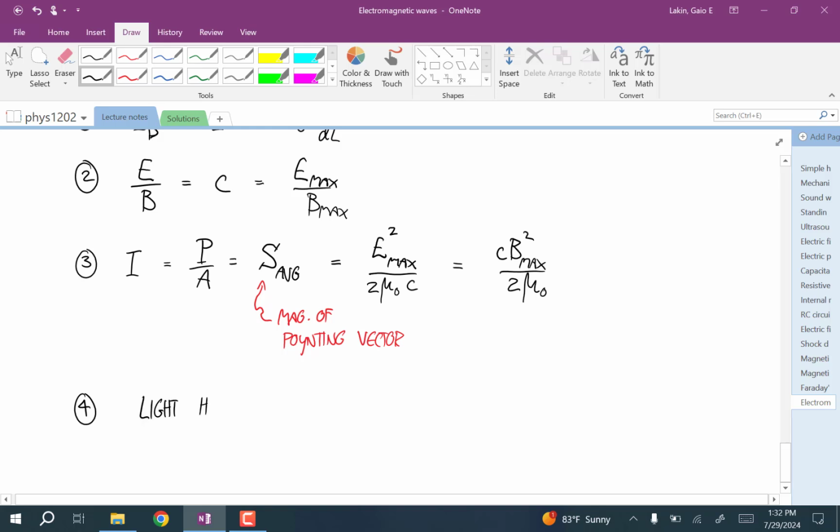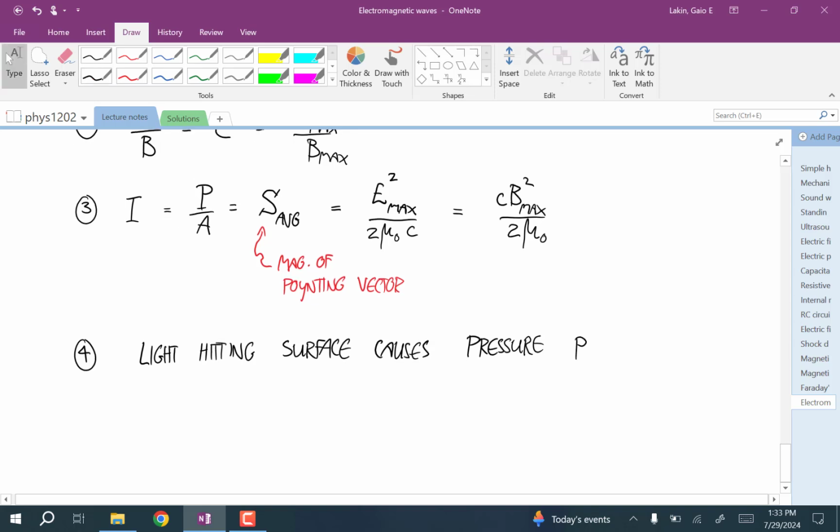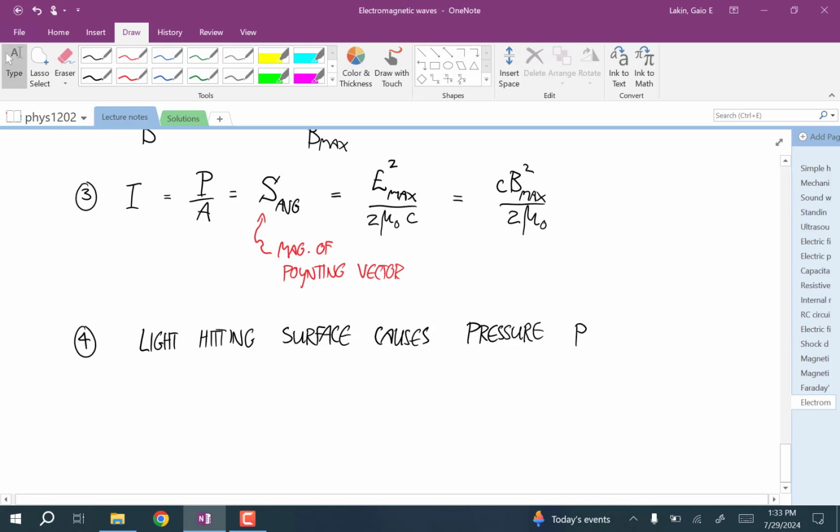And so light hitting a surface causes pressure on the surface. And so these equations that I'm going to give you here are for an electromagnetic wave that's hitting a surface perpendicularly to the surface. It's a little more complicated if they're at an angle other than 90 degrees, but we're just going to use 90 degrees.